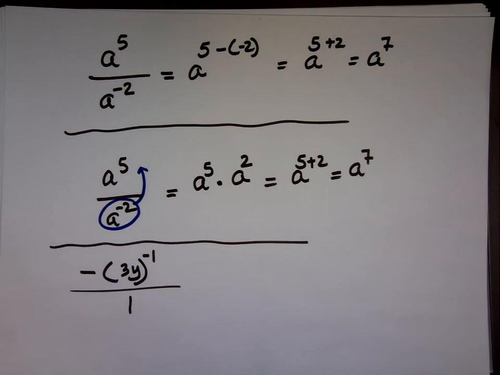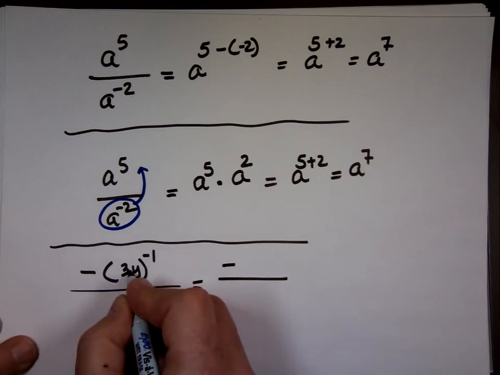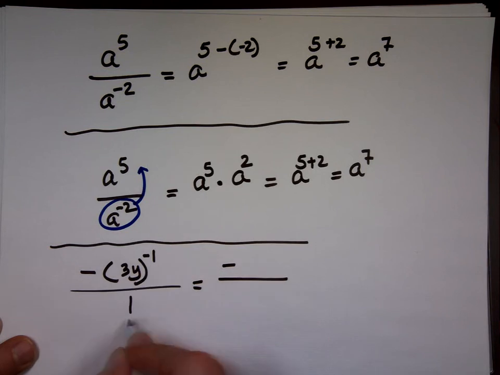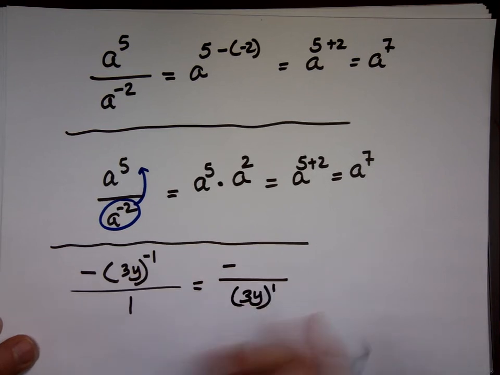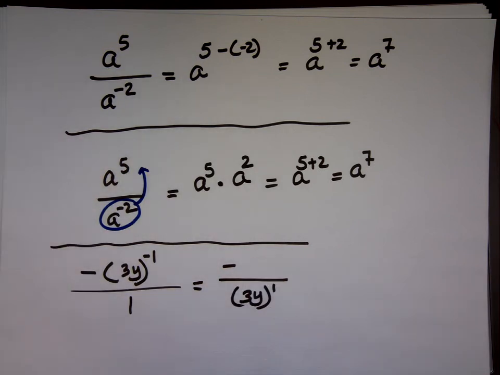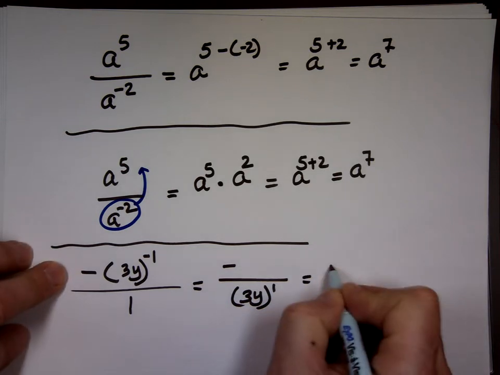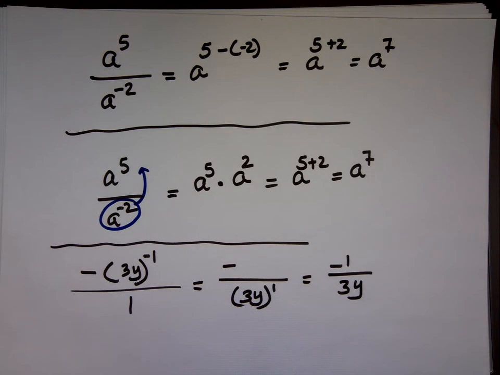Just the 3y, not the minus, right? The minus is still there. So you can take this from the top, bring it to the bottom, becomes what? 3y to the 1. When you have a minus, minus means nothing. Minus what? Has to be a number there. What do you think that number is? 1. Because anything to the 1 power, it's the number itself. So 3y to 1, just 3y.